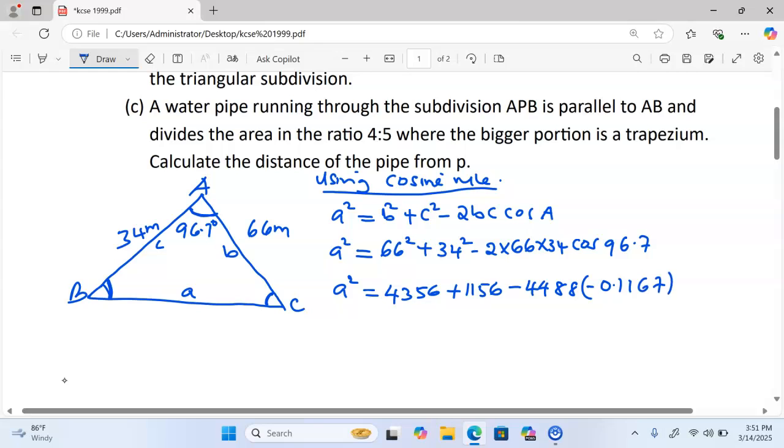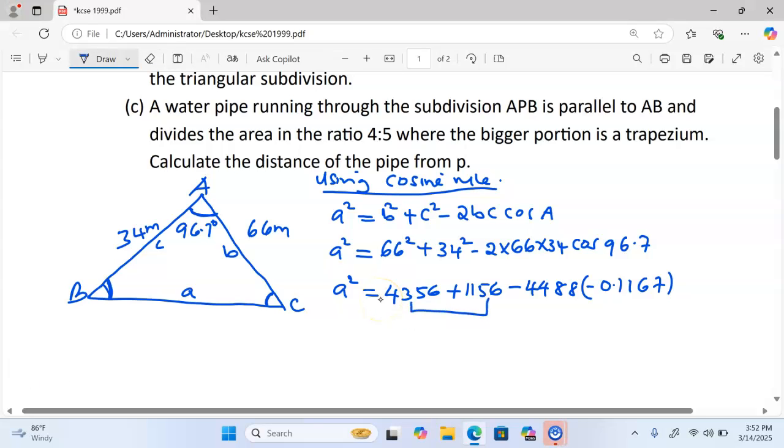If you take negative 4488 times negative 0.1167, you get a positive value, and this one is going to give us 523.6. The sum of 4356 and 1156 gives us 5512.